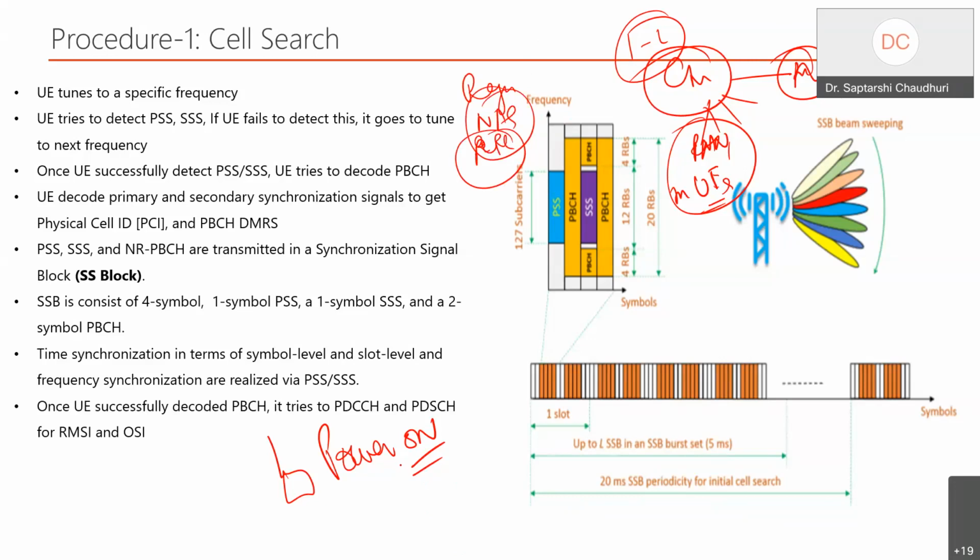Suppose I am a device. I just switch on my phone. Now, the moment I switch on my phone, though the software comes up, I told you there is a NAS, which is the authority, and he controls the physical layer of the device to say, please start the cell search procedure.